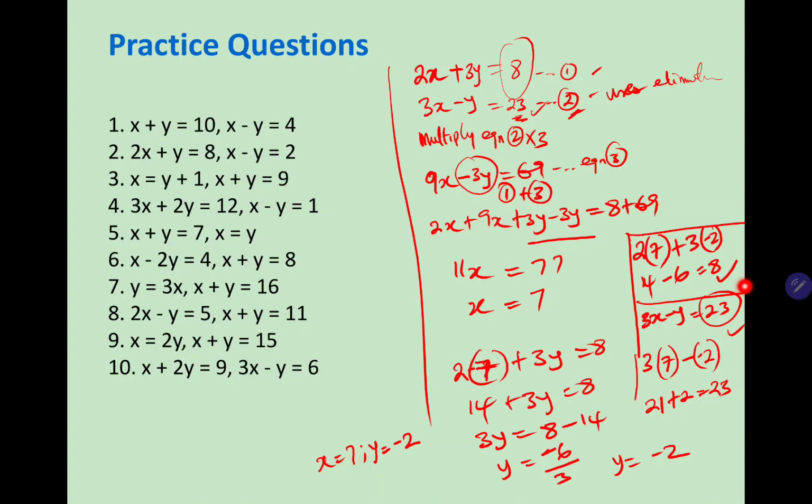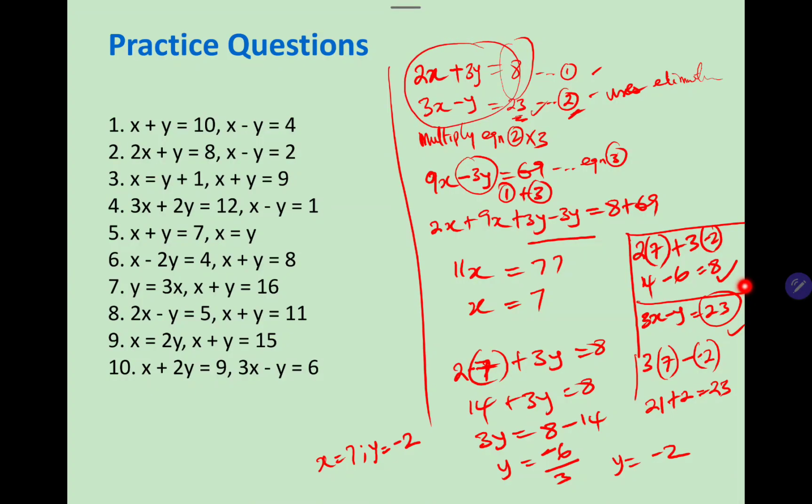So that's equation for you. I just wanted to bring up this equation, at least something a bit different from what we have in our practice questions, so that you would know how to apply the elimination method if the coefficient of the unknown is greater than 1.